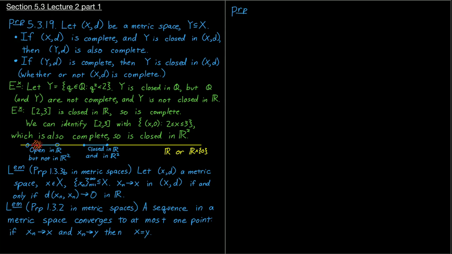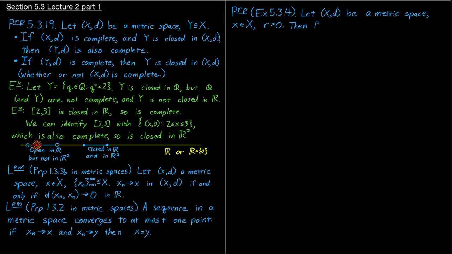Here is a proposition. Your book thinks it's an example, but let (X, d) be a metric space. And then we're going to pick a point x in our metric space and a positive radius r.